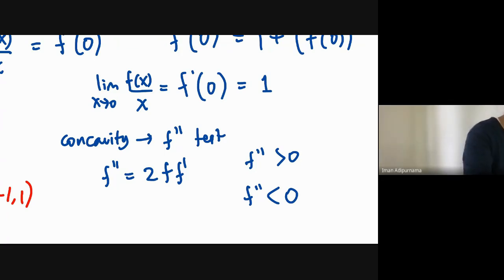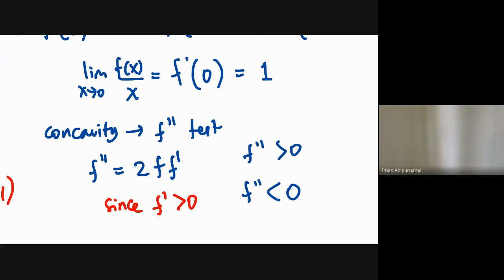But since f prime is always positive, the particularly important thing here is the sign of f, because f prime is always positive. If f is negative, then f double prime will be negative. If f is positive, it will be positive.